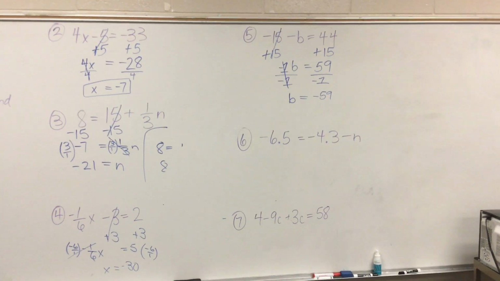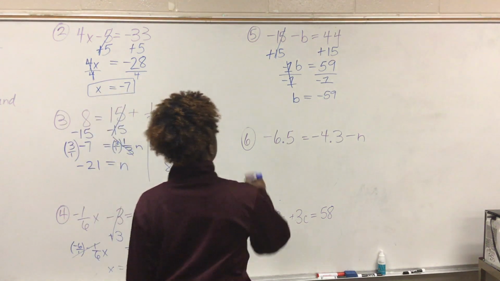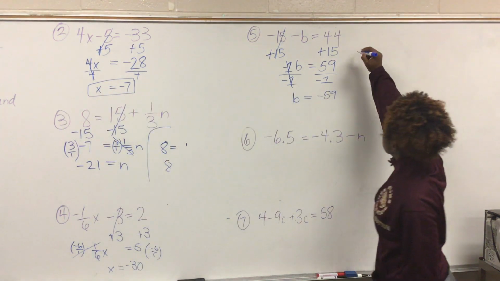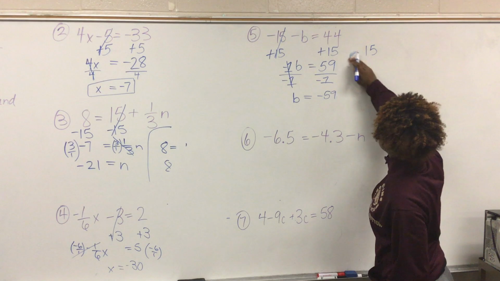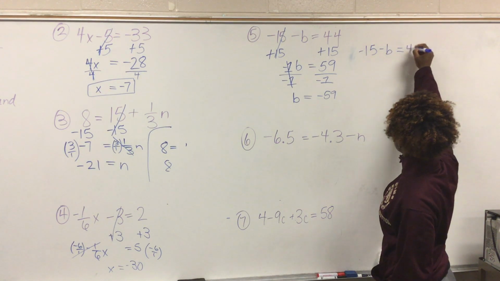If we wanted to check it, rewrite the problem. Negative 15 minus b equals 44.